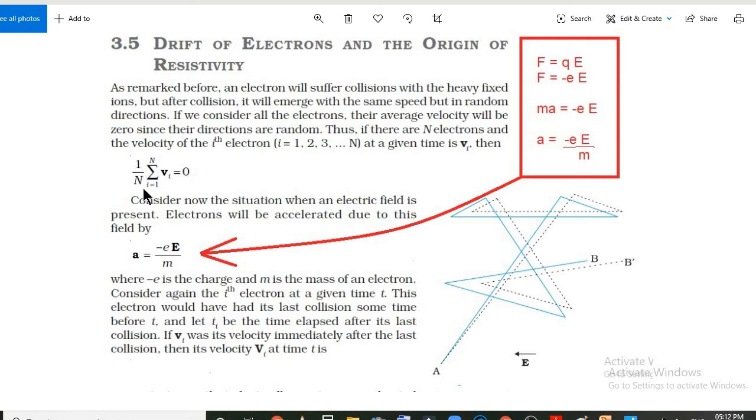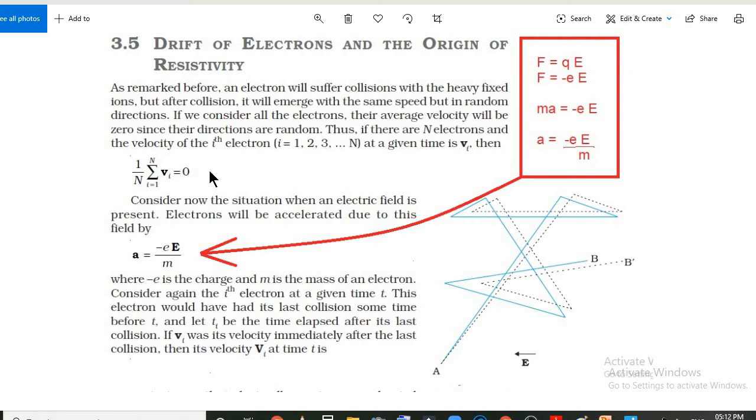Without this 1 by n, you may say the total velocity is 0. Now as we are dividing by n, we may say it is the average velocity. So the average velocity of all the electrons before the application of the battery, or before the application of an external electric field, will be 0.